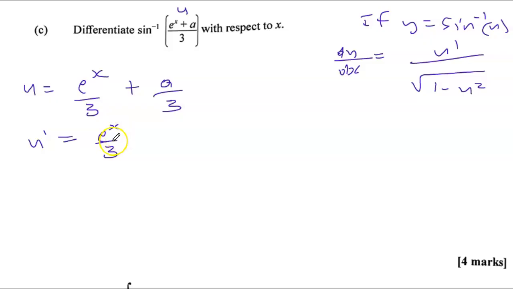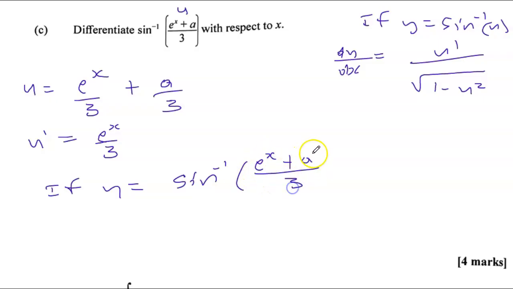So we have u prime. It means that our solution, alright, so if y equals, we're asked to differentiate sine inverse of e to the x plus a over 3, and dy by dx is equal to u prime, which is the bracket differentiated. We just did it.